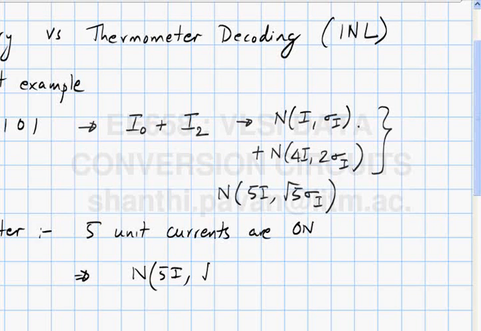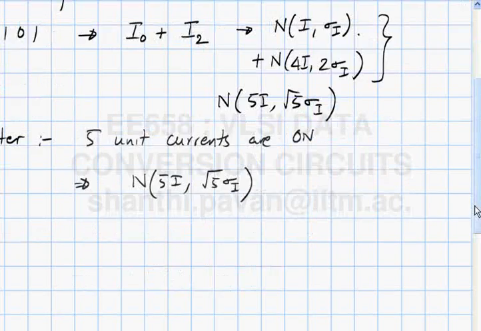Root 5 sigma I. So what do you notice here? Whether you do binary or whether you do thermometer, the INL is the same. It's only the DNL that is vastly different for the two cases.